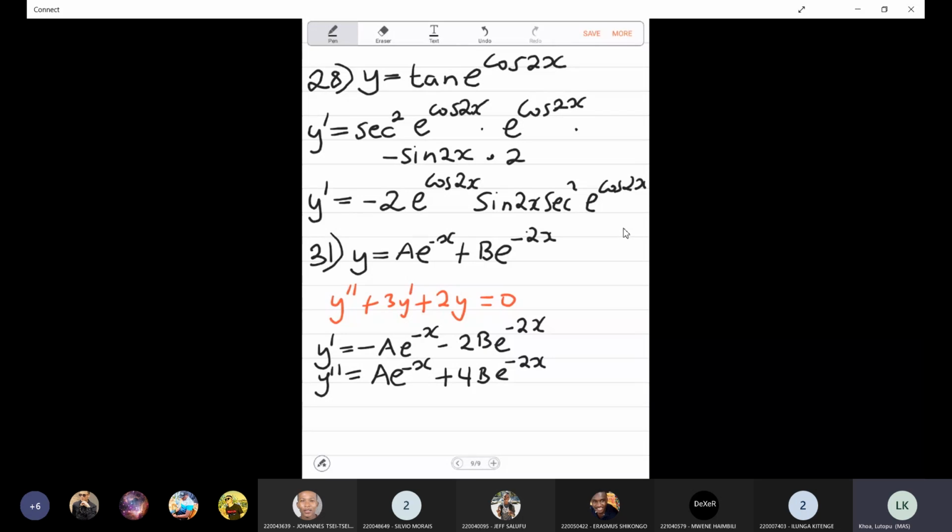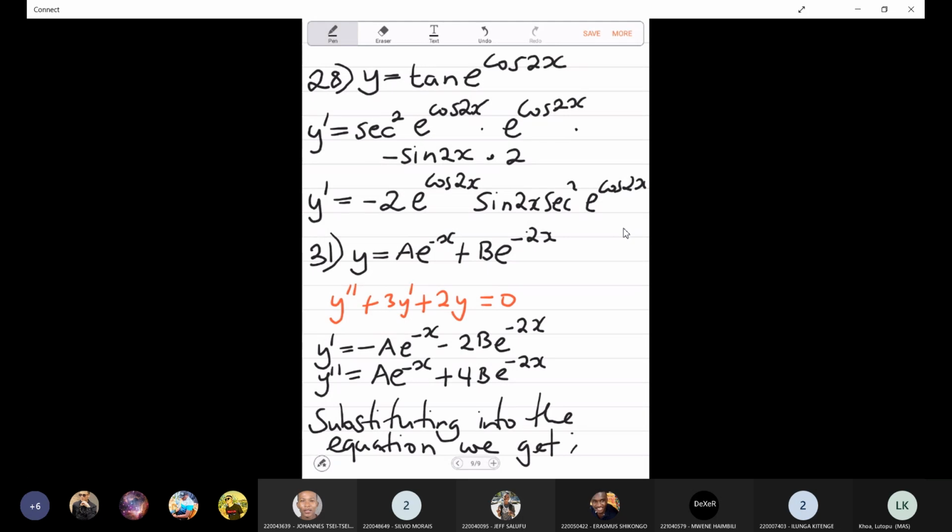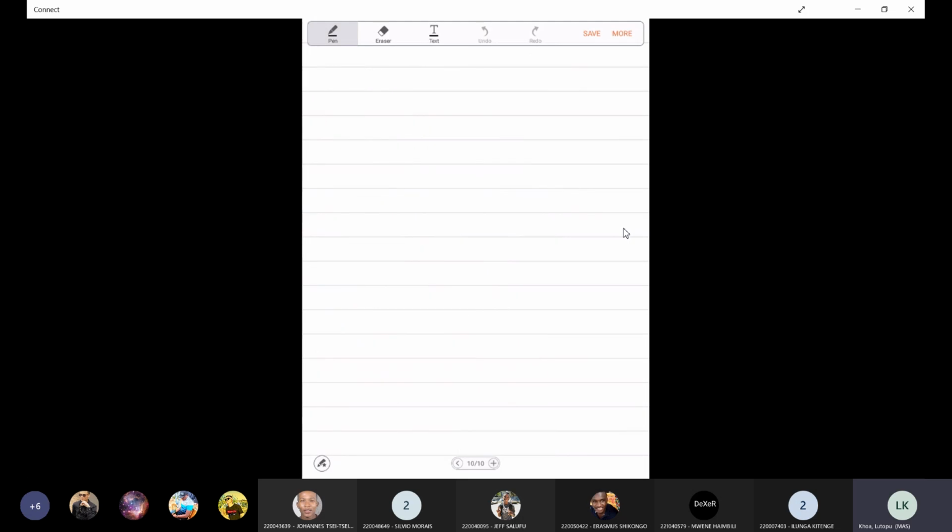So doing that, substituting into the equation, we get y double prime. We have a e to the power of minus x plus 4b e to the power of minus 2x.